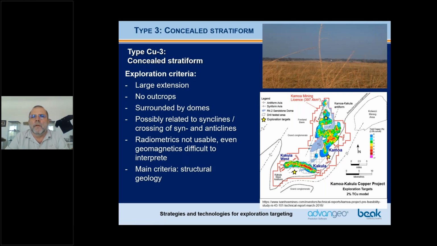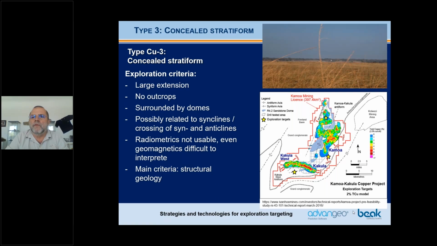But then we have big areas looking like this, flat, covered with Kalahari sands, no outcrops, or covered by a soft soil cover. And here, 2 big copper mines have been identified in the last year, probably the biggest copper resource in the world, called Kamoa and Kakula.